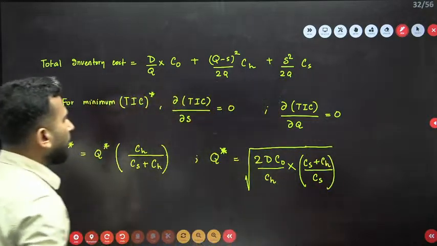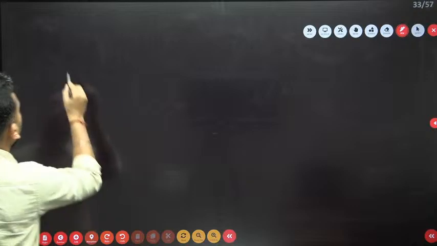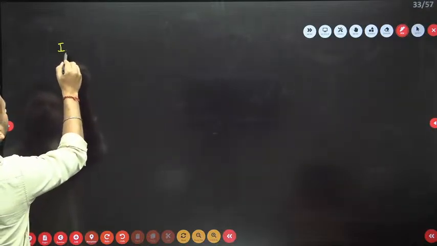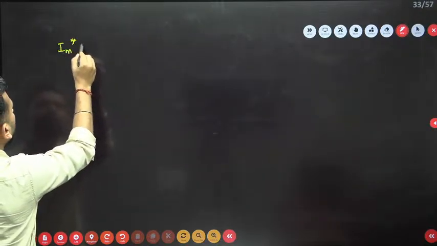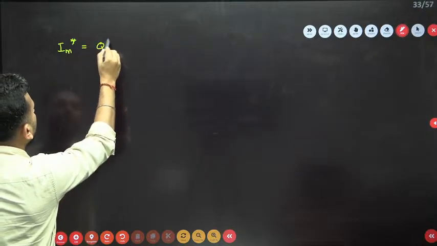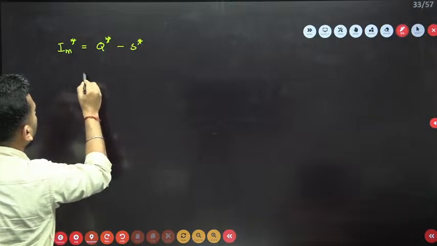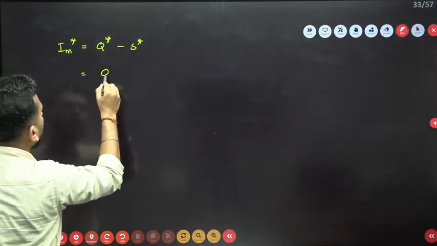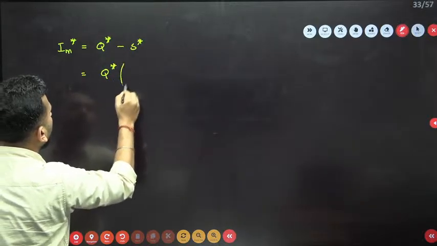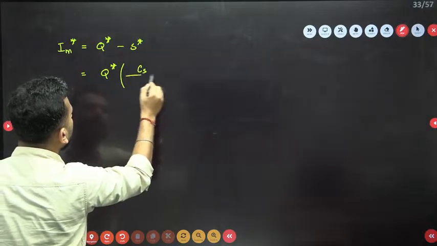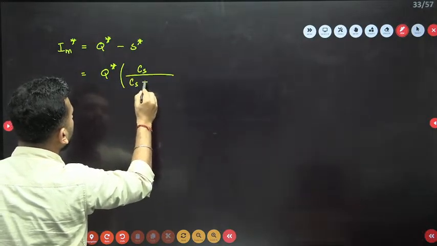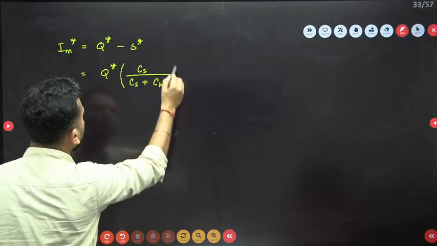So these are the two formulas, and again if someone asks you what is IM star, you can very easily write Q star minus S star, and the formula that will come out to be Q star into CS by CS plus CH.